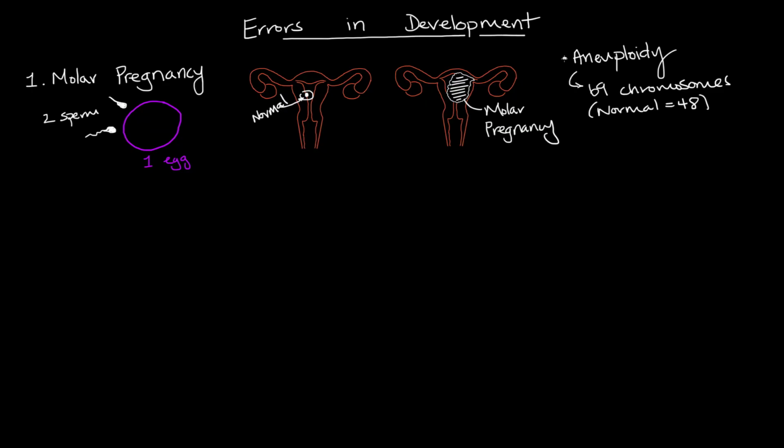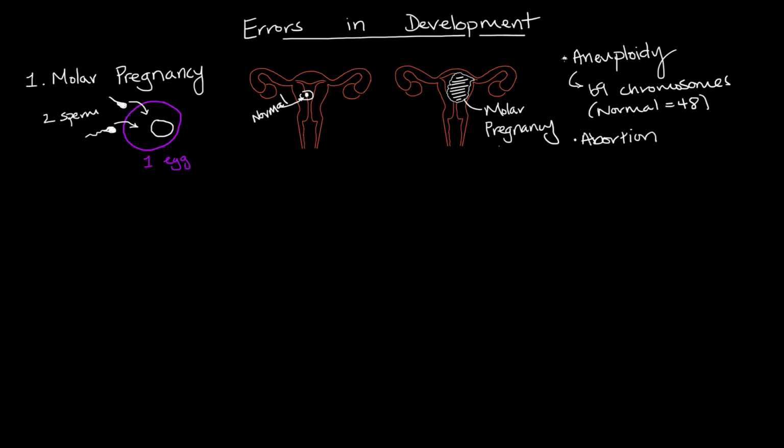And so you end up with way too many chromosomes because the sperm each give a full set of chromosomes to the egg, and the egg already has its own chromosomes. And so molar pregnancies are not viable. You have to get an abortion.